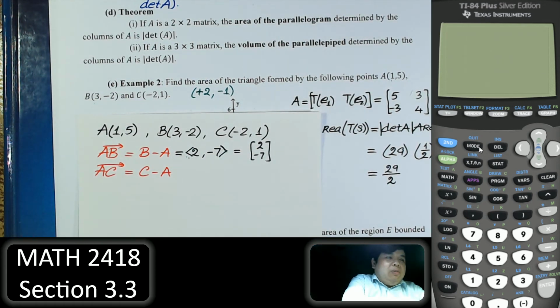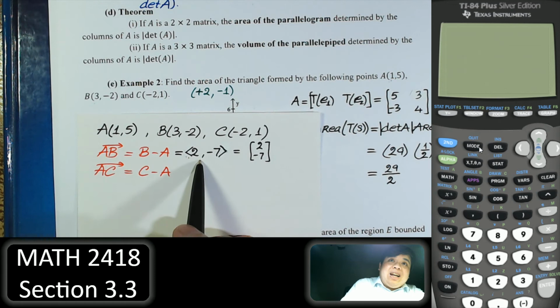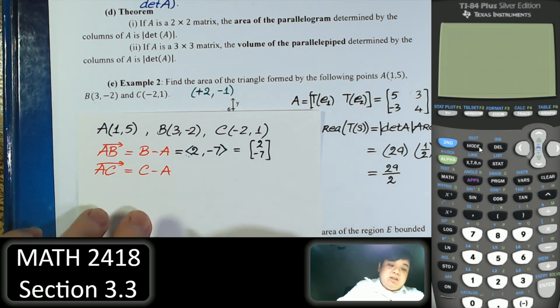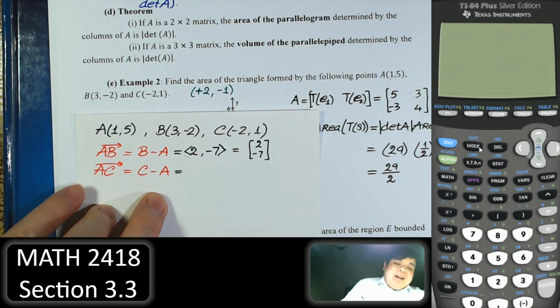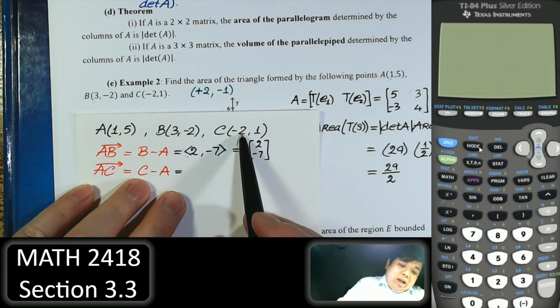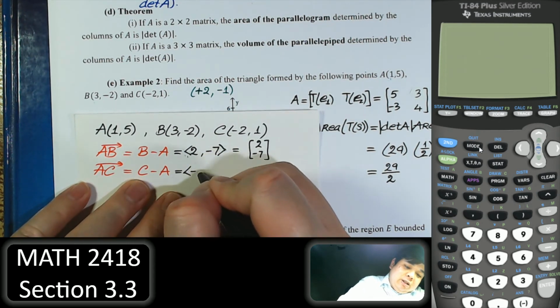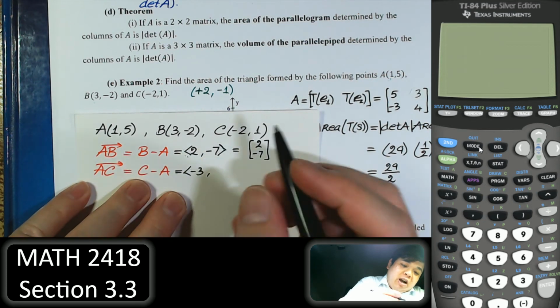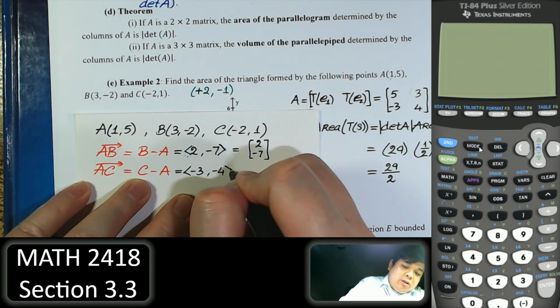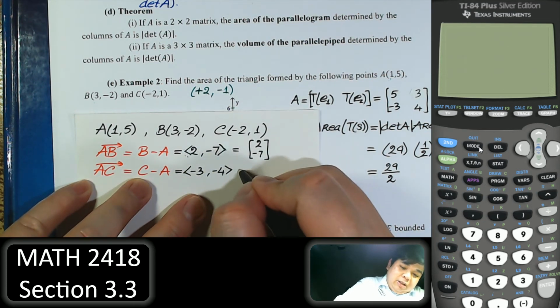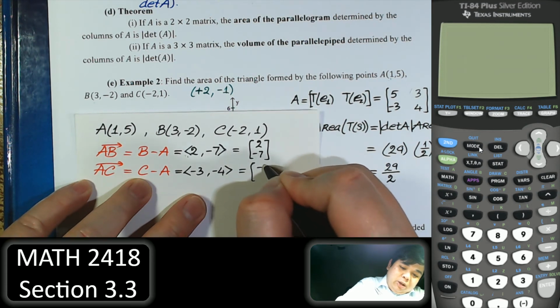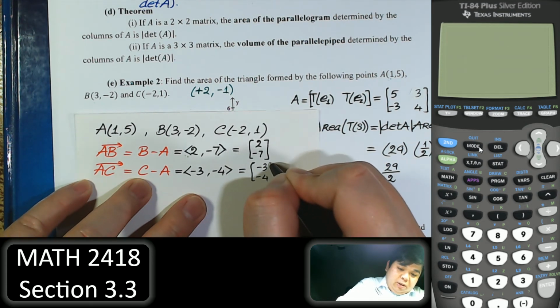In the next chapter, we'll see that a vector is just something that has more than one component. It doesn't really matter how we write it. We could write it as a point, or as a column vector. Now AC, C minus A: negative 2 minus 1 is negative 3, and 1 minus 5 is negative 4. Or negative 3 and negative 4.